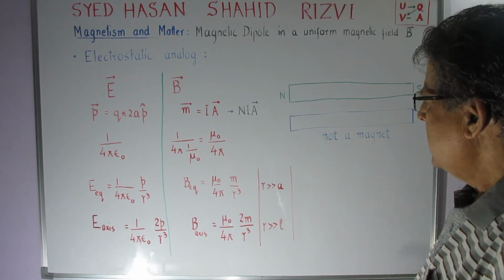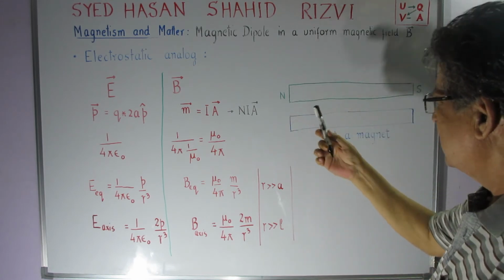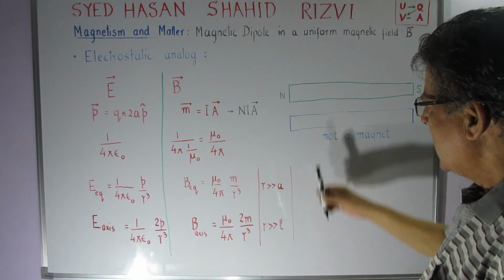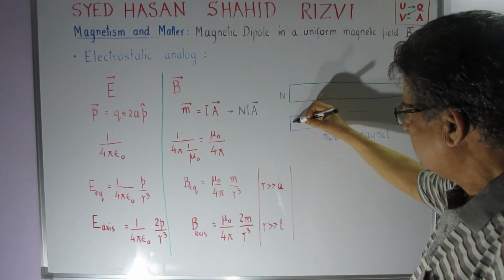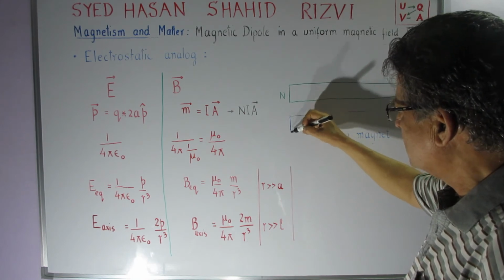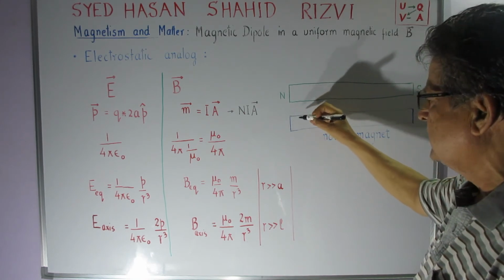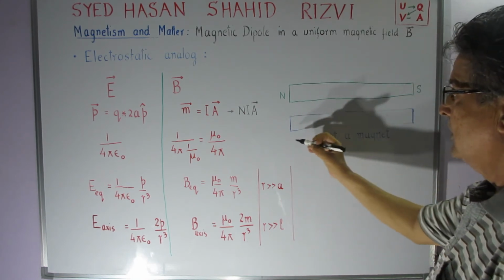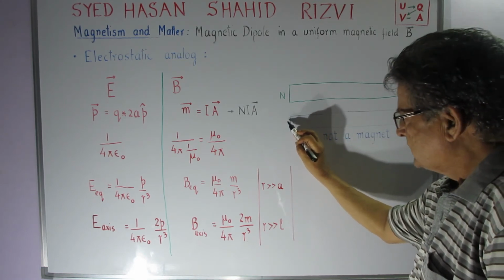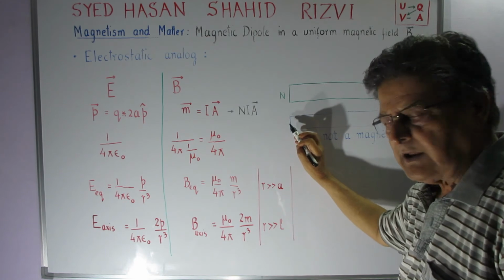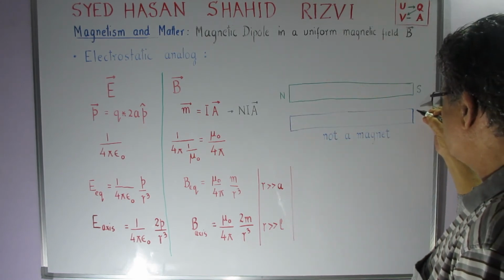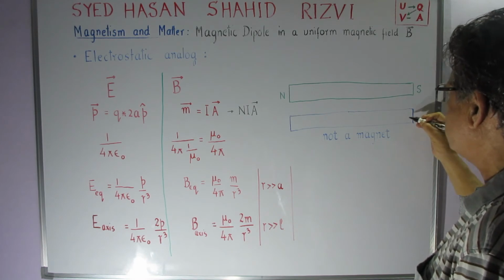Either we have the end is north pole or the south pole. I bring it near to this end. If suppose this is not a magnet, then this end will be attracted towards it, because here a south pole will develop temporarily, and if I bring it here, then here there is no pole, but a south pole will develop temporarily.